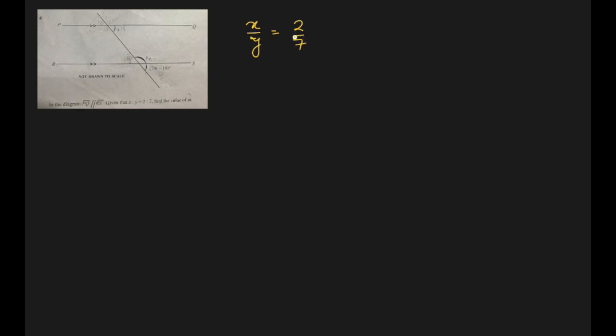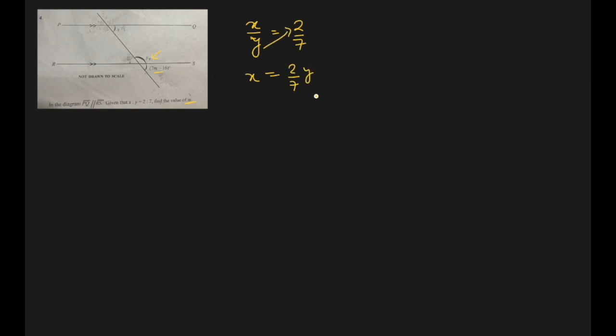So let's cross multiply. My target is to get Y so that I can find M. They're asking us to find M, right? So let's isolate X so that I can get Y. So X equals 2 over 7 Y, because Y goes and multiplies here.